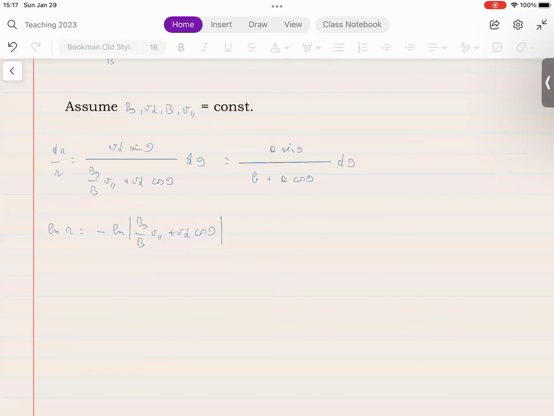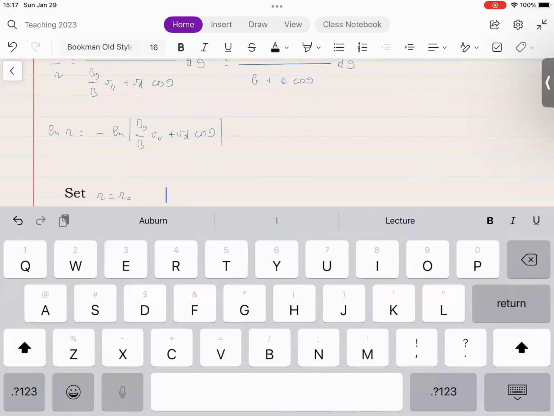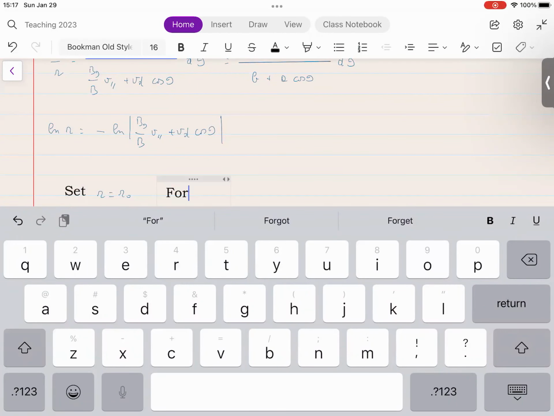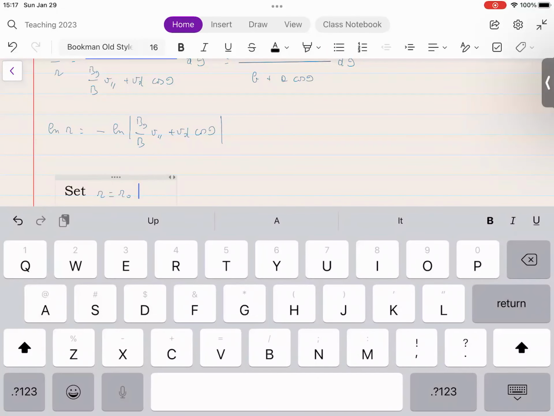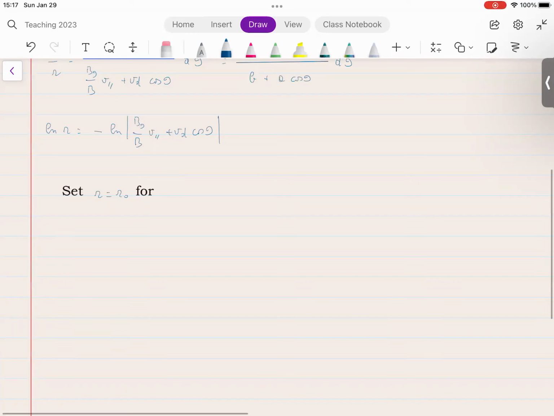For instance, for theta equal pi over 2, that is cosine theta equals 0, we can set R equal to R naught.